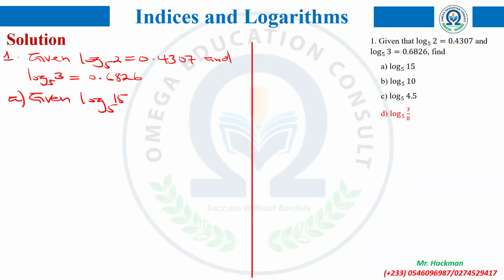My point is, we need to write this one as a product of numbers. The numbers should involve either 2, 3, or both, because if I write it as a product, I'll use the product rule to split. All of them will have the log base 5, so it will be log to the base 5 of 2, whose value I am given, and log to the base 5 of 3, whose value is also given.